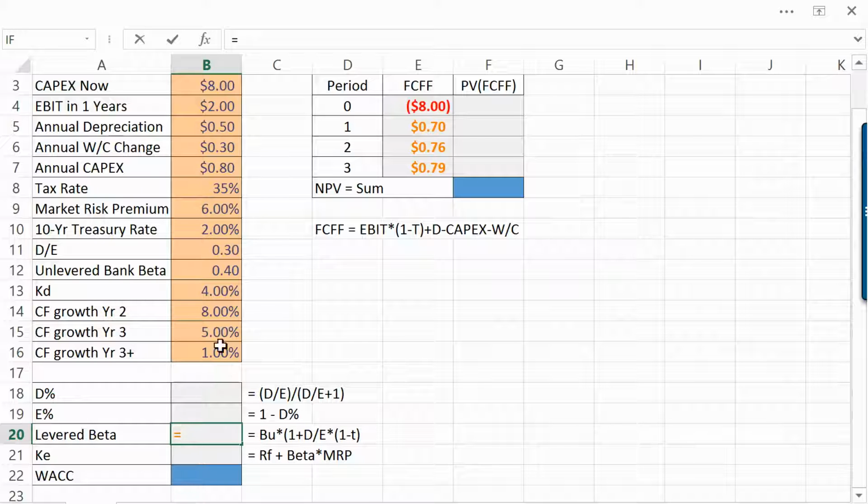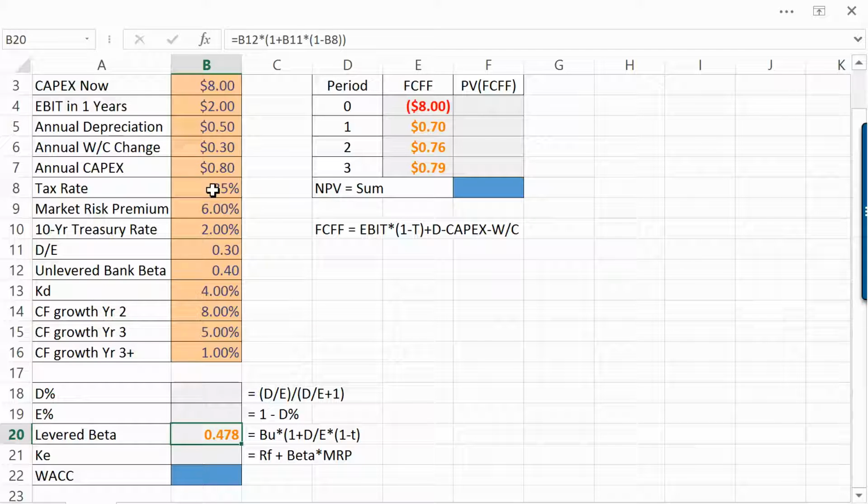The business risk of banking is captured in the unlevered bank beta. I'm then going to add on the financial risk of that by adding the after-tax D/E ratio. So my unlevered beta times 1 plus the after-tax D/E ratio.